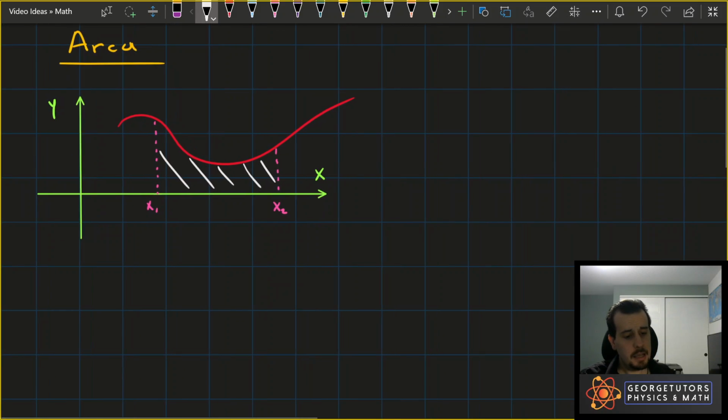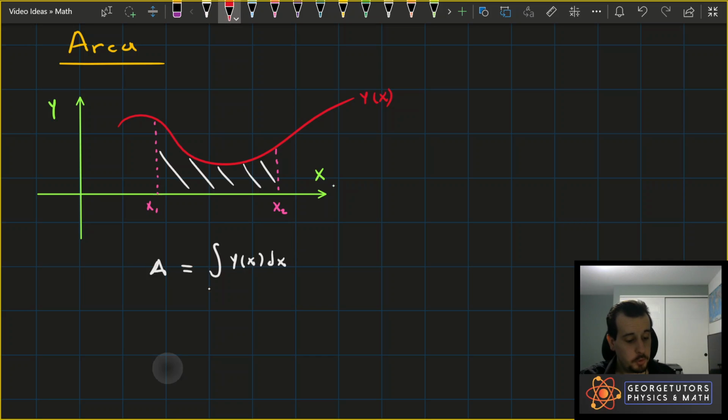We know that if your function is described as y of x, we can do that by using an integral. And that integral would be integrating your function y of x with respect to x between those two endpoints. That's what we know.